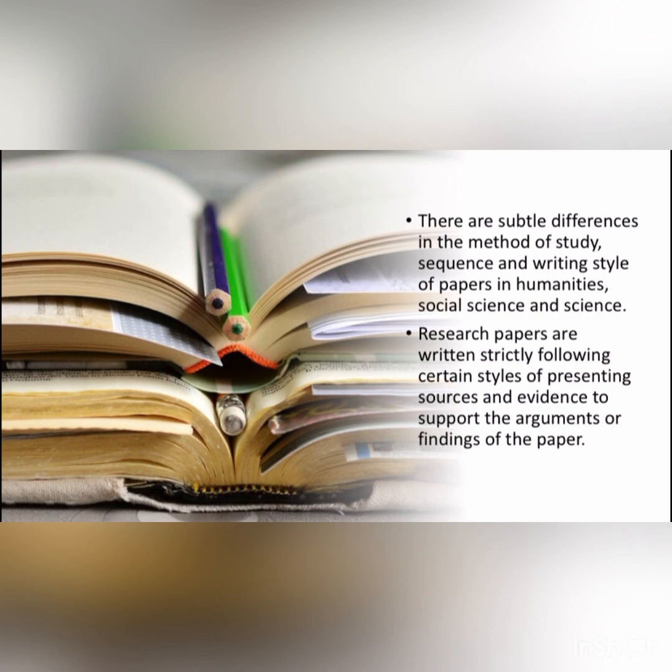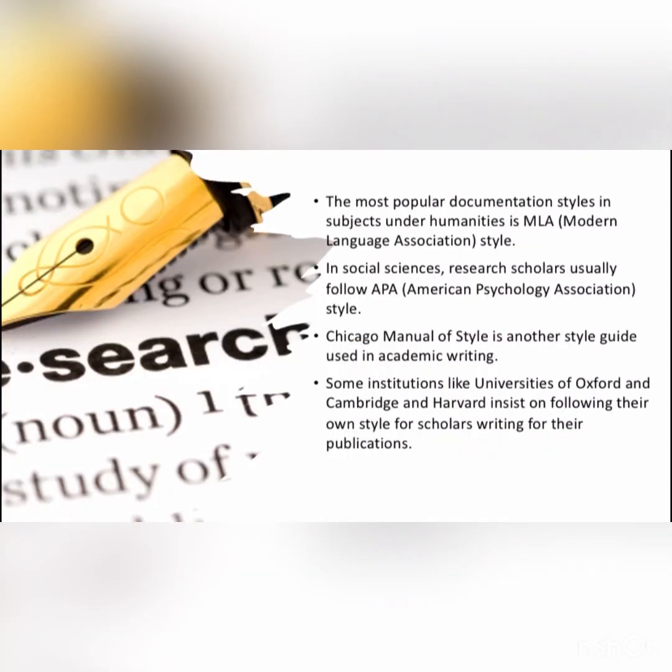The most popular documentation style in subjects under humanities is MLA style, Modern Language Association style. So when you start writing an essay or a research paper or an article for a journal, you need to follow some specific style.